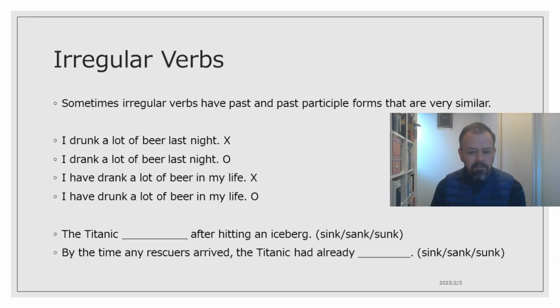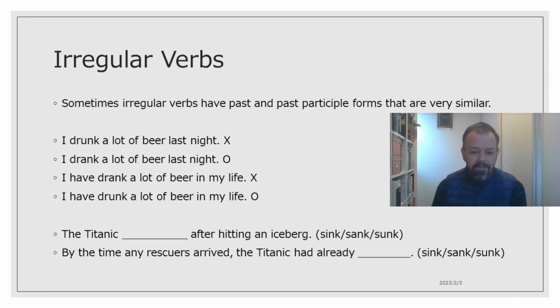Now, the last kind of common mistake I'm going to talk about this time is irregular verbs. I mean, this is more like verb conjugation than strictly tense, but it's because of some irregular verbs, obviously. Regular verbs are fine.